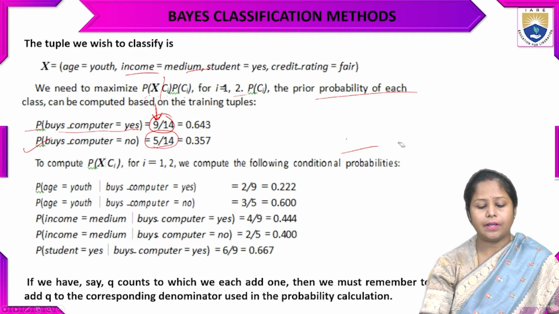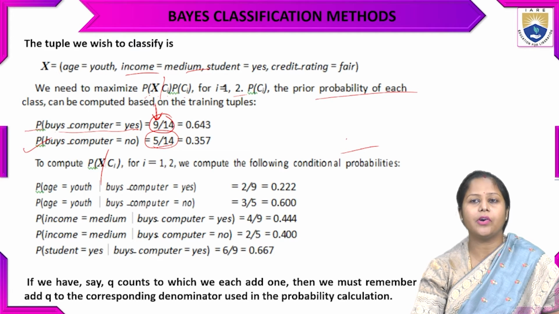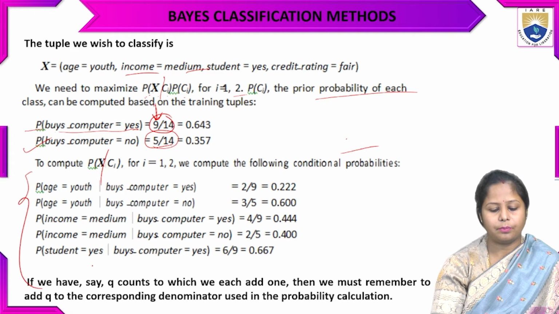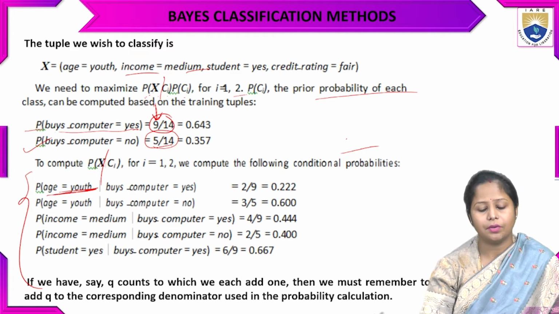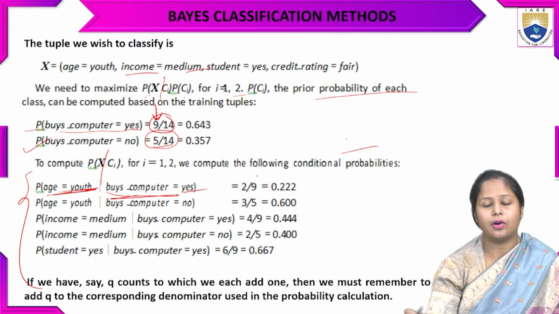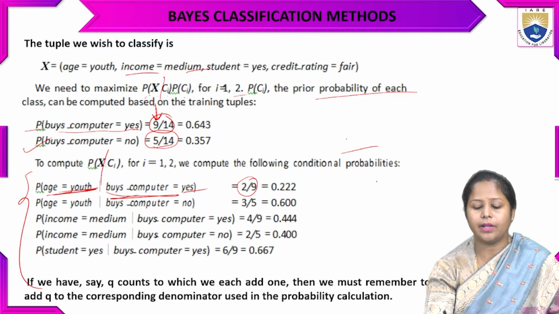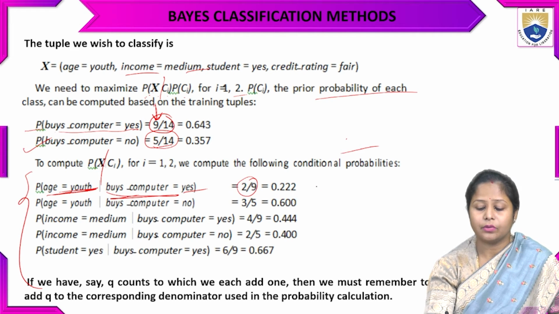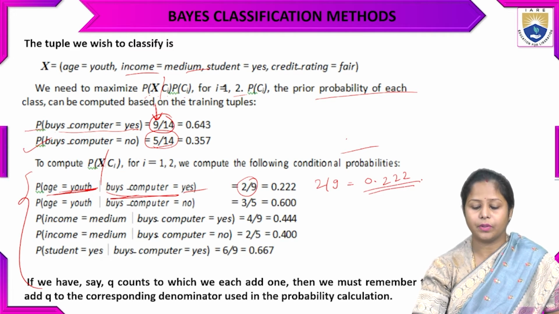To compute P(X|Ci) for i equals 1 and 2, we compute the following conditional probabilities. P(age equals youth | buys computer equals yes) is 2 upon 9, which comes to 0.222.